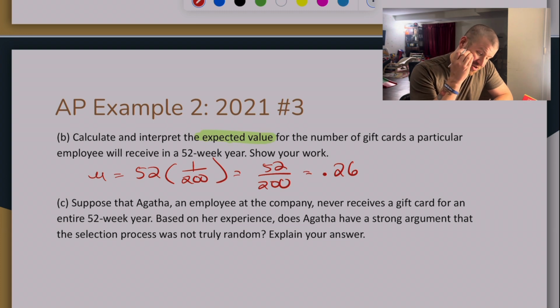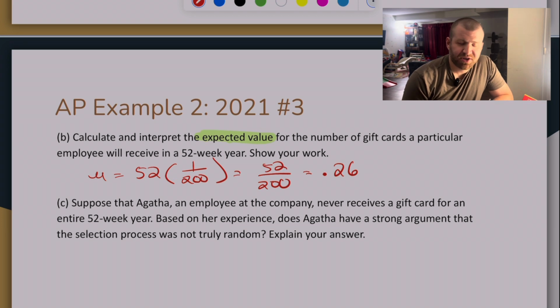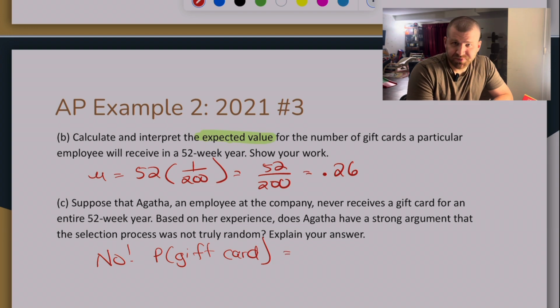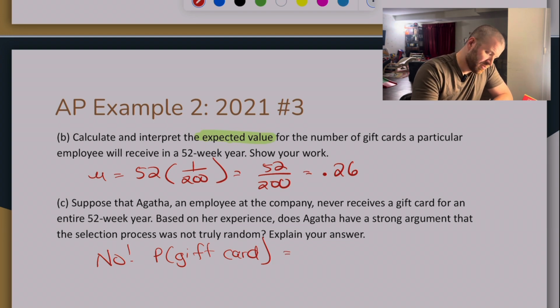And then we have Agatha, who is disgruntled. Does she have a strong argument that it's not truly random? No. Right? In this case, the probability of getting a gift card is very, very low, right? The probability of receiving, or of not receiving a gift card, I should say.